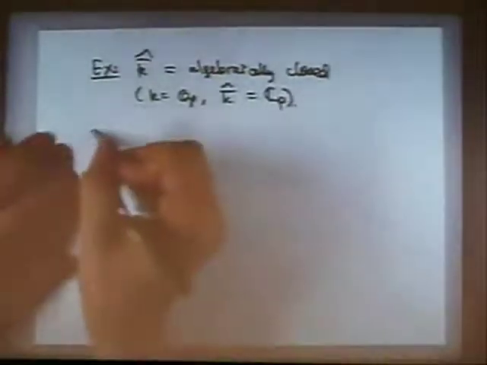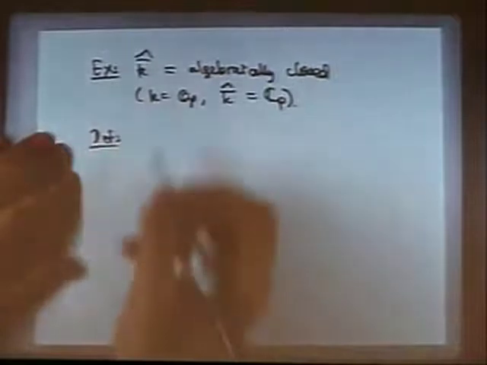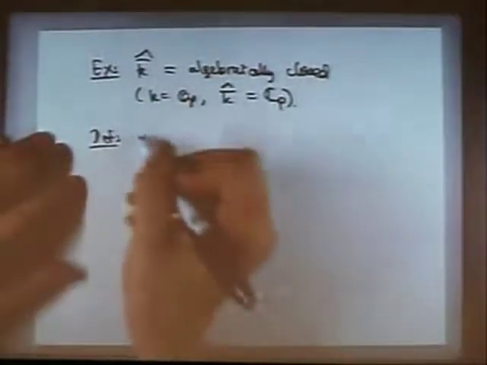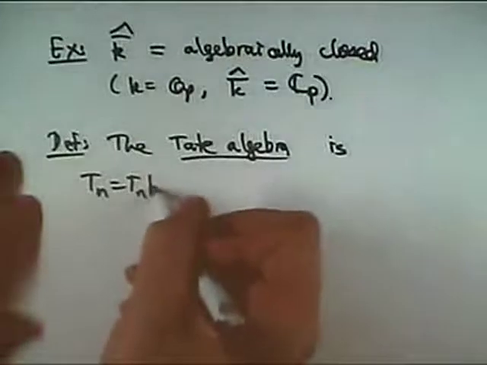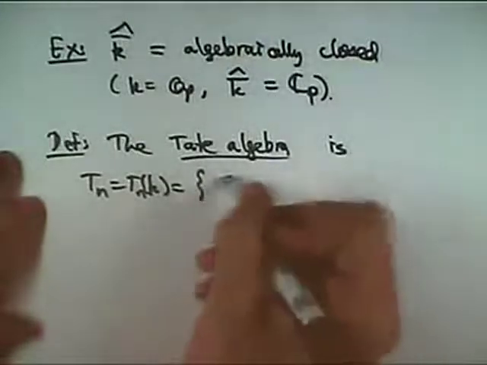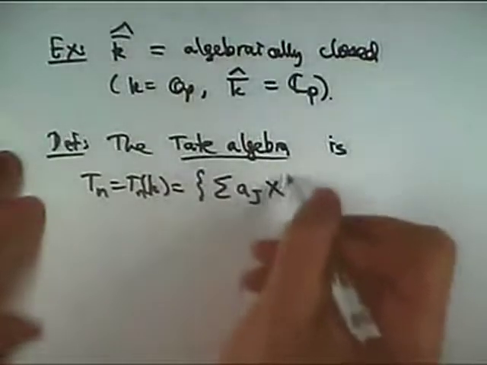Then the ring of convergent power series in n variables over K, denoted T_n or T, consists of power series whose coefficients go to 0. So I'll just use multi-index notation.